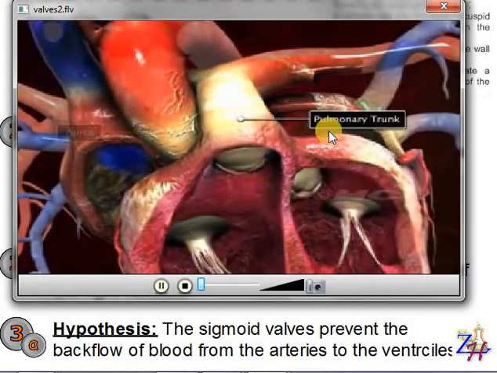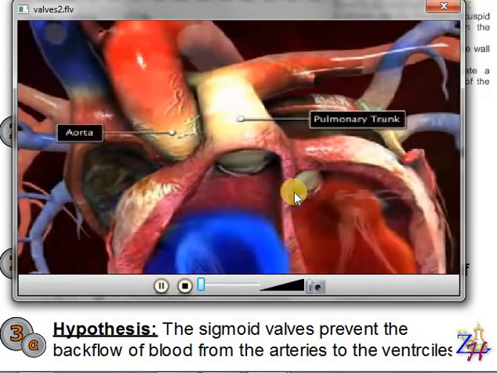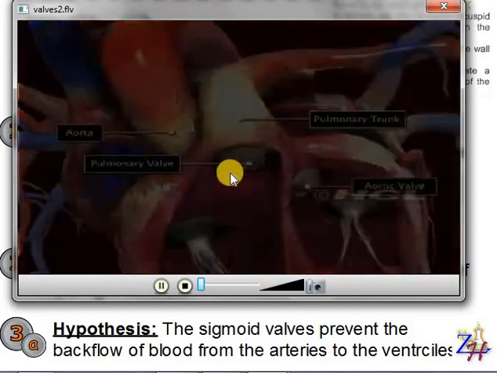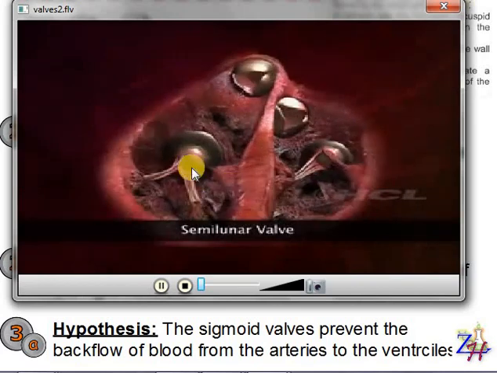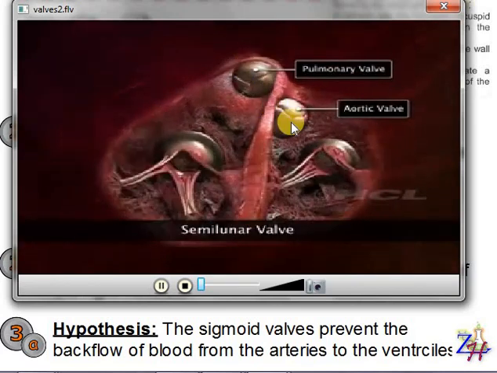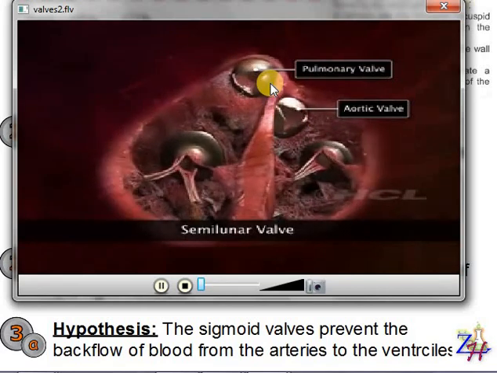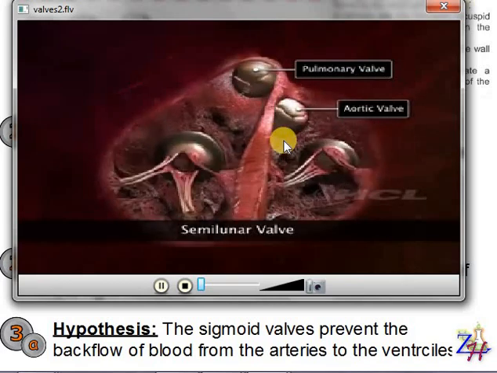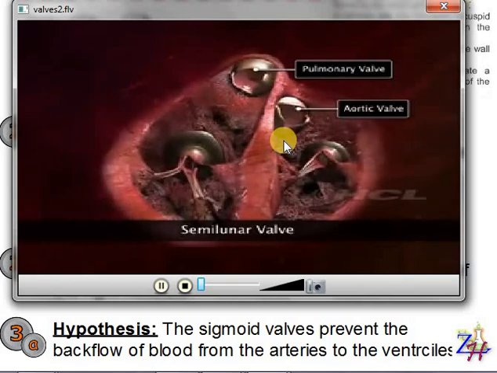Now, when the auricles push the blood to the ventricles, now the ventricles have to push the blood to the arteries. Here, between the ventricles and the arteries, we have the sigmoid valve. Look here at these valves. These are the tricuspid and the bicuspid and the sigmoid valves. Look how they open and close in a certain manner, in a certain rhythm.